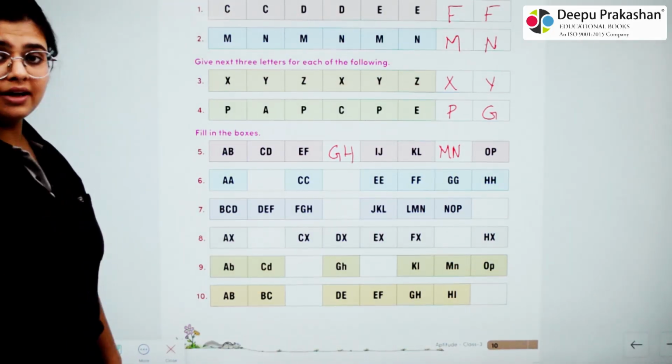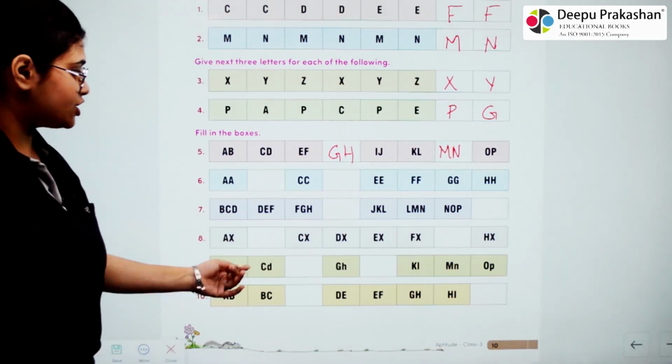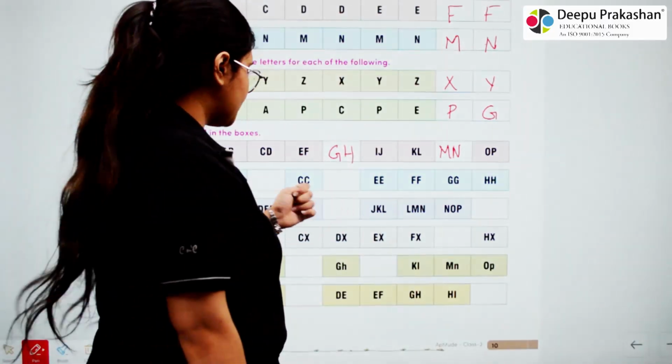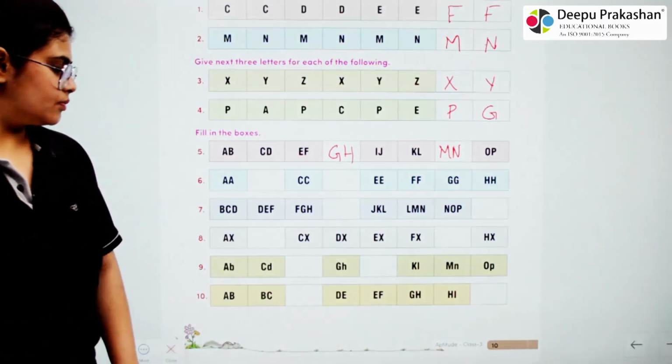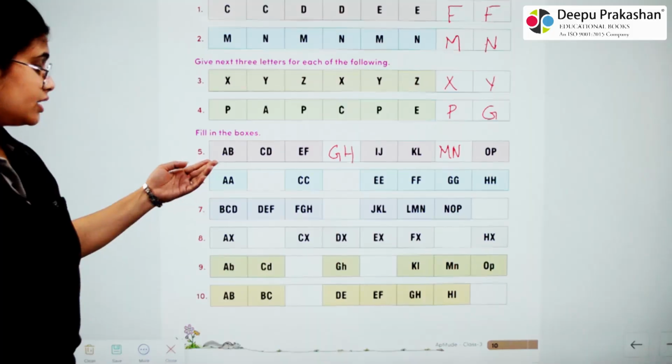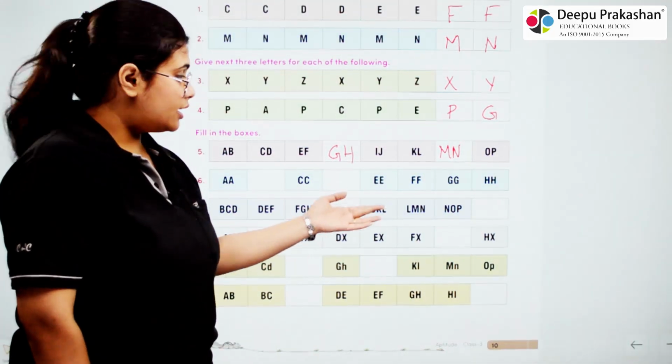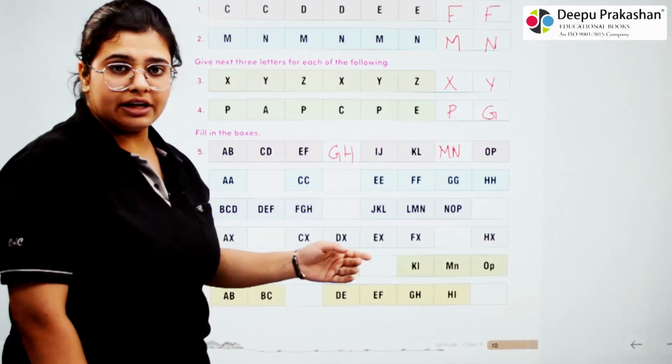Sixth one, we are given AA dash CC dash EE FF GG HH.